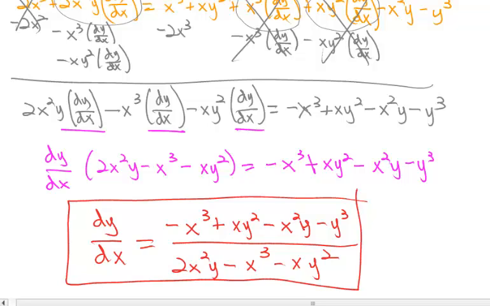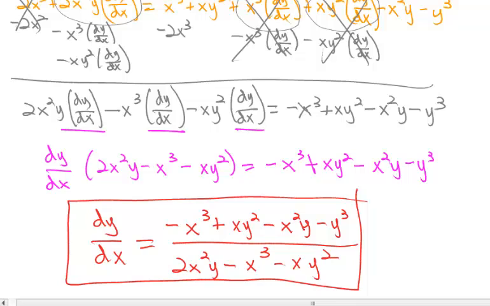I want you to notice the pattern that we continue to use. We take the derivative of both sides of the function, no matter how ugly it gets, treating y like it's got x's inside it. So it's part of the products. It's part of the chain rules, which means that the derivative of y is dy dx. Every time we take the derivative of y, it's dy dx.